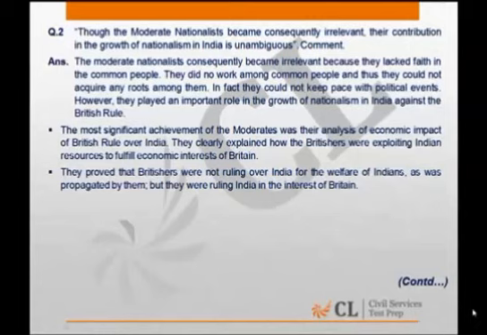So we can see that though in later years they became irrelevant, their importance was significant as well. This is a short explanation of question number 2.